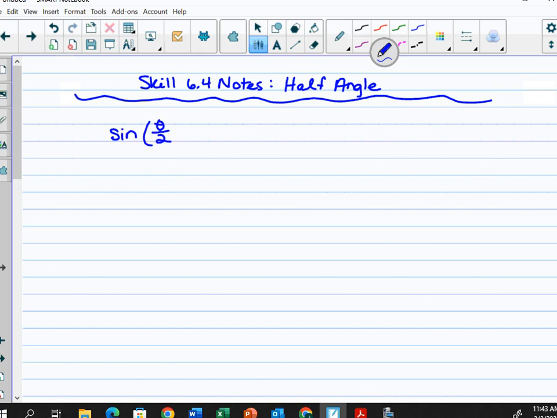So sine of theta over 2. It's called the half angle because I'm cutting it in half. This is equal to plus or minus big square root 1 minus cosine of theta all over 2.